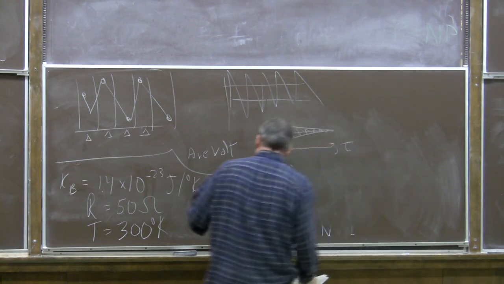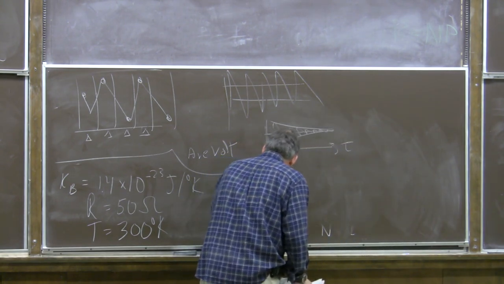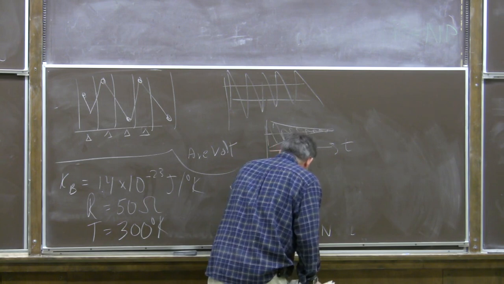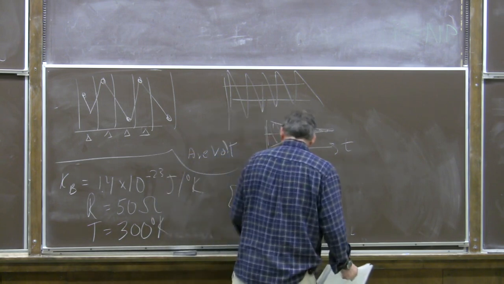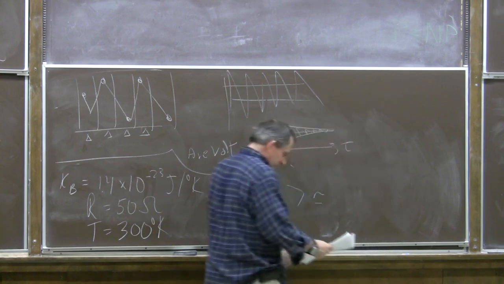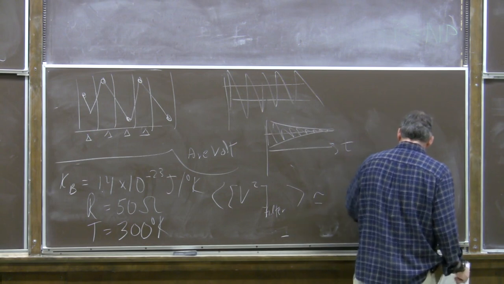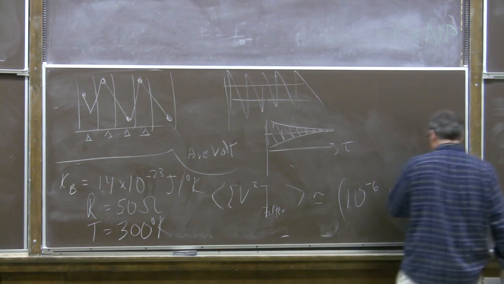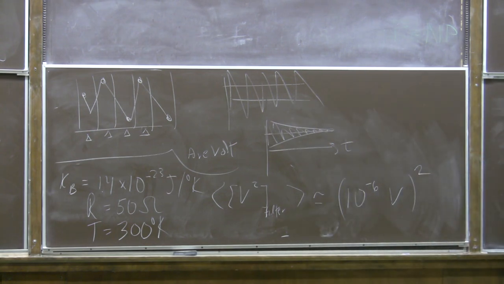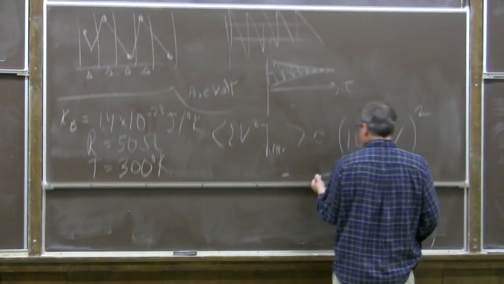Then the size of the fluctuations are something like a microvolt squared, if I choose a megahertz bandwidth.